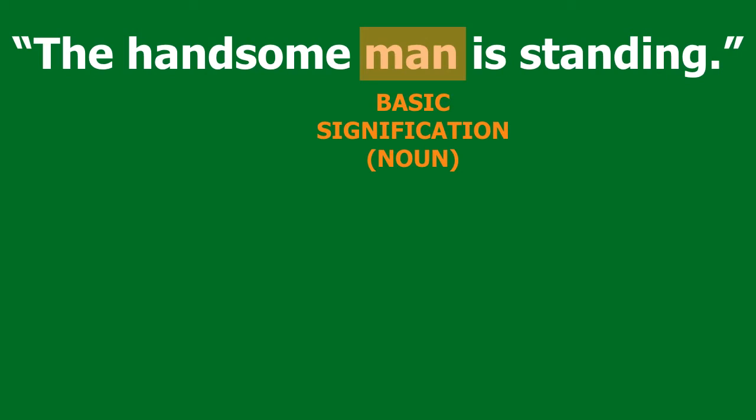So this sentence is composed of a number of expressions, a number of sub-expressions. So for example, it's composed of the sub-expression man. The expression man has basic signification, and this kind of expression in English grammar we call a noun because it signifies something. It's a name for something.